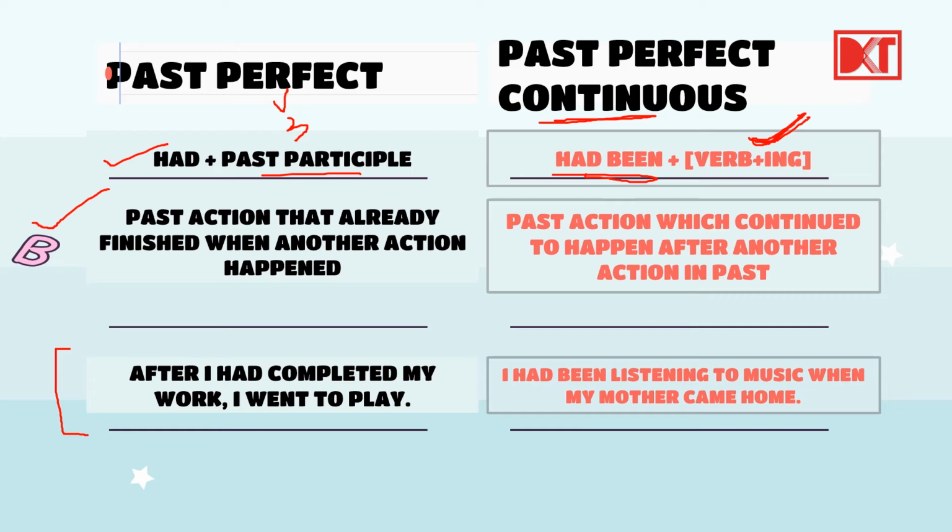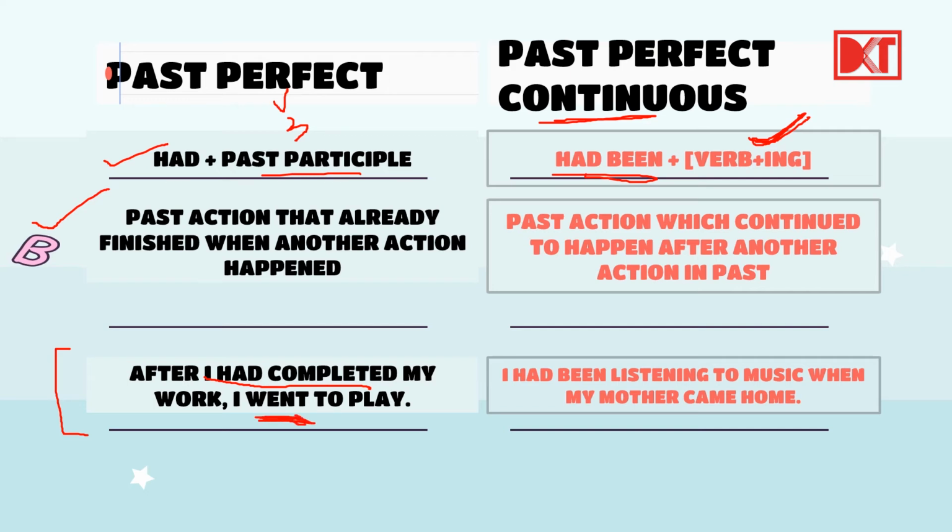But which action happened first in the past? The action that happened first was that I completed my work. So the action which happened first is conjugated in past perfect, like here, after I had completed my work. This is past perfect, and here went to play is simple past.